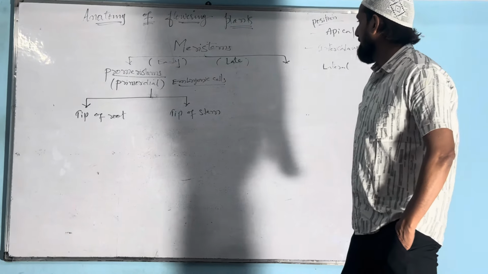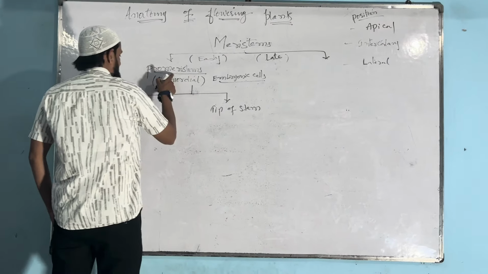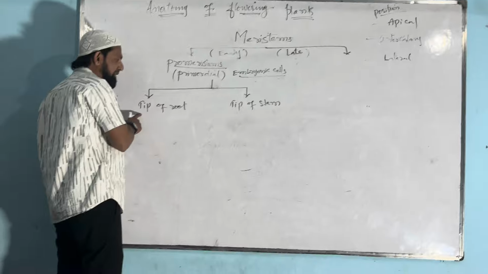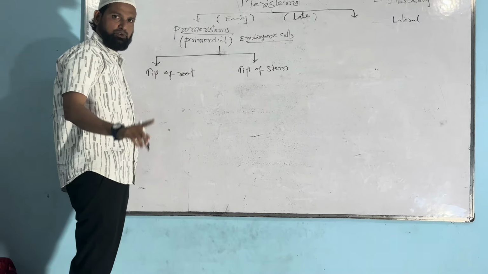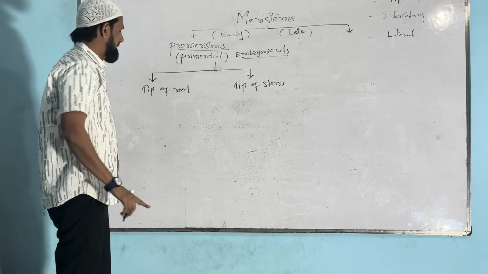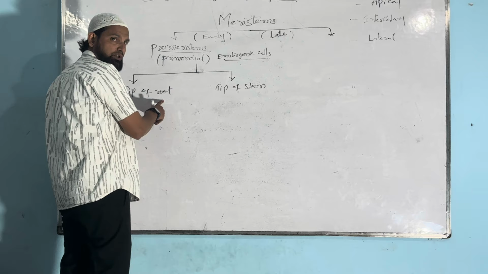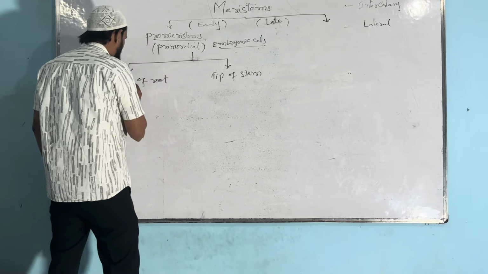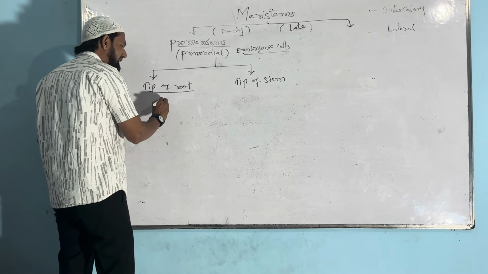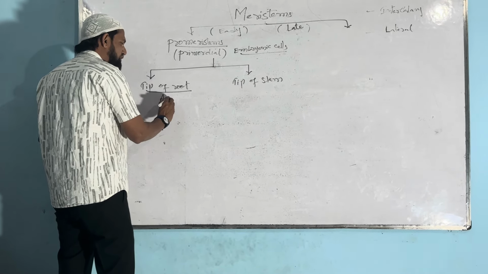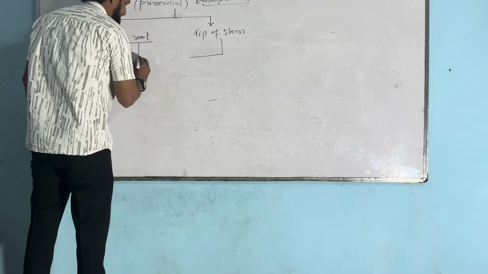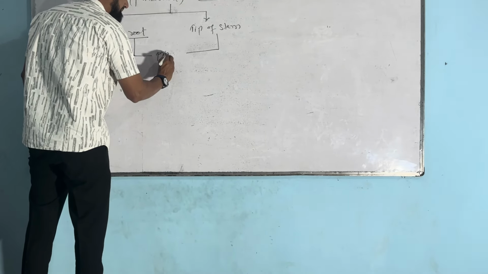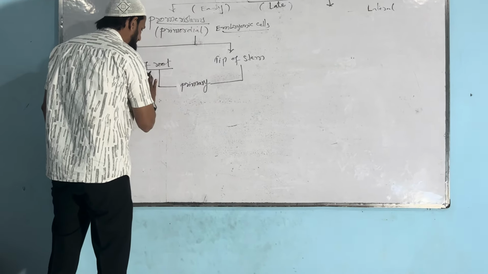So see here, the promeristem is present at the tip of the root and at the tip of the stem. Together remember one point: the tip of the root and tip of the stem meristems give rise to the primordial meristem, which, combined together, I am taking as one word, primary meristems.